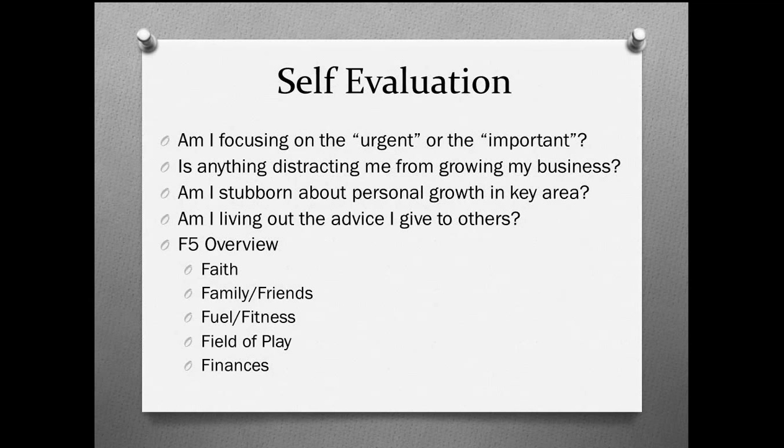It's impossible. Faith, family and friends, fuel and fitness, finances, pretty self-explanatory. Field of play represents your hobbies and your work. The concept is we choose to walk onto that field, whether it's our work or our hobbies. If we don't want to be there, walk off the field. Stop whining. So the F5 overview can be a very valuable tool as well.